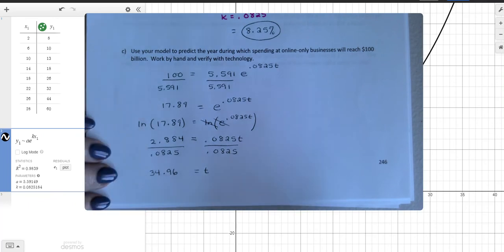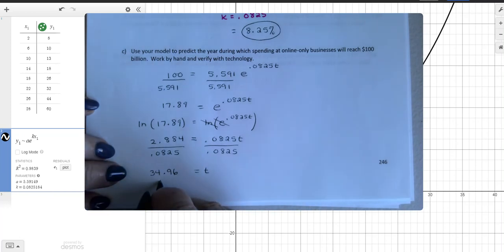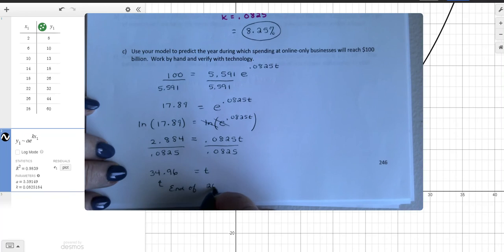So let's see. We started in 1990, so this is the very end of 2024.